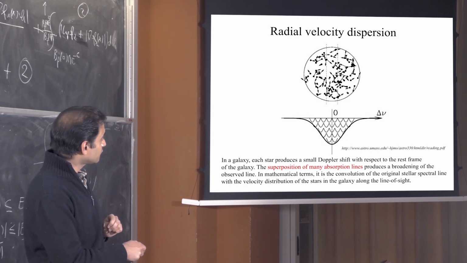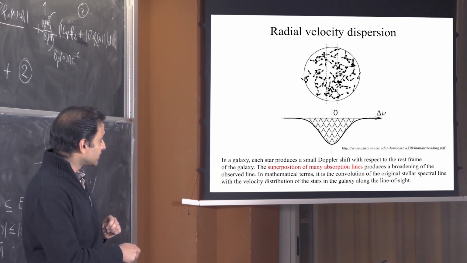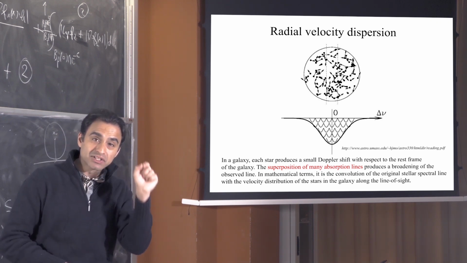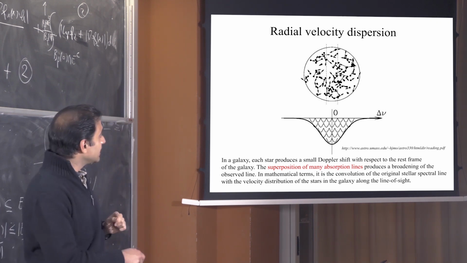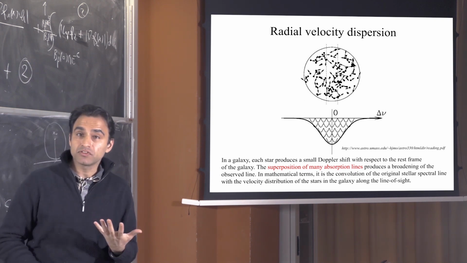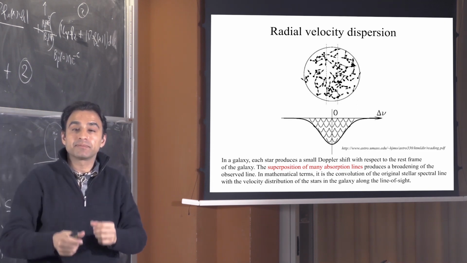So, for example, a star that is moving in this direction will produce an absorption feature that is displaced with respect to the center of mass in this direction, and vice versa. Then you sum up all the absorption features in the atmospheres of the stars of the galaxy, and the convolution of this creates a huge absorption feature in the spectrum of the full elliptical galaxy.